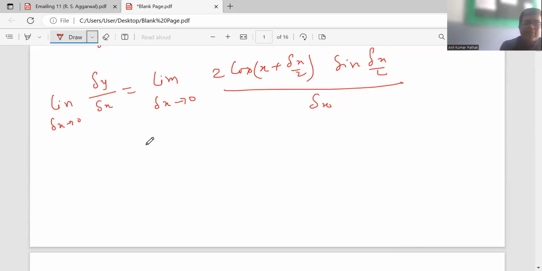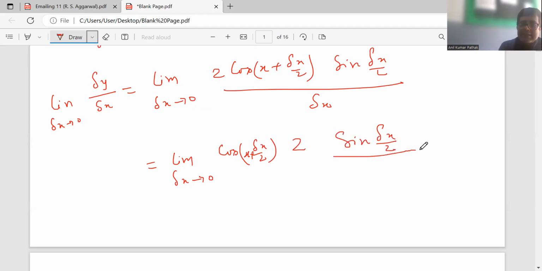So we write here one more step. We use the idea of limits. So it will be like the limit as delta x tends to 0 of 2 cos(x plus delta x by 2) into sin(delta x by 2) divided by delta x. And we know one rule: the limit of sin x by x, where x is tending to 0, is 1.